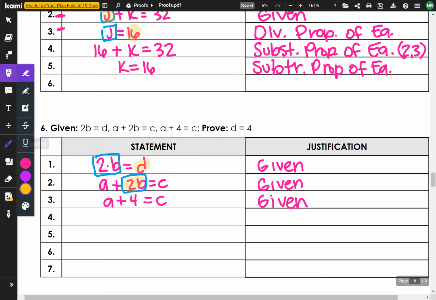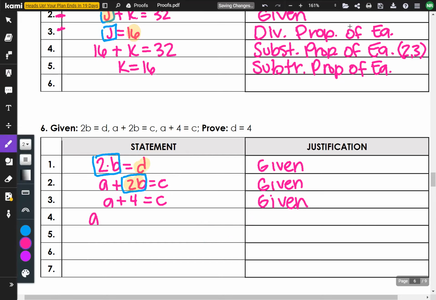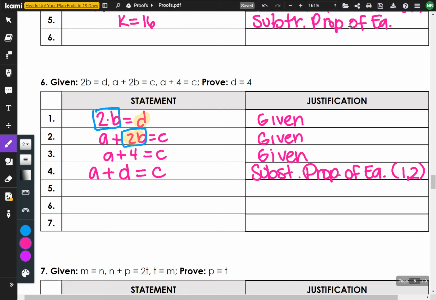Now, because we're only replacing part of the equation, that would be what? Substitution. And we are substituting using what two lines? 1 and 2. Are we okay so far?